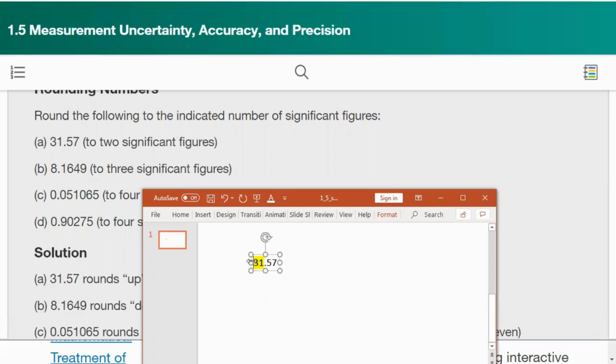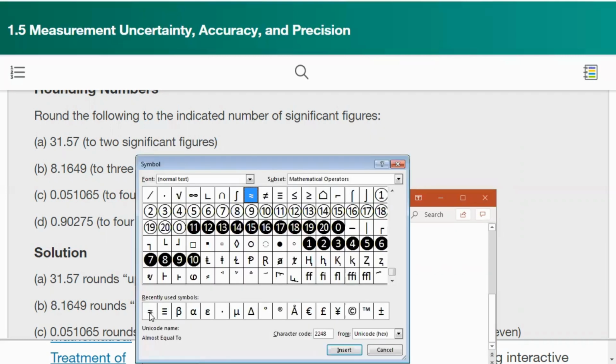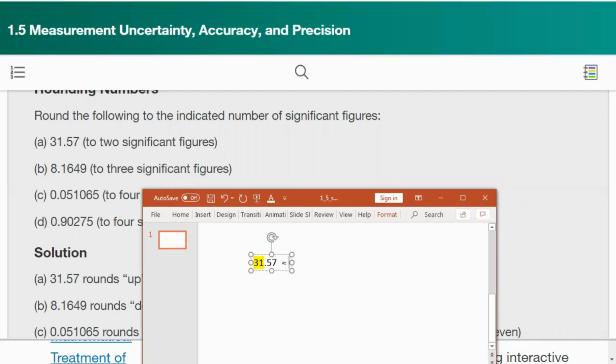So we want to just have these 2 positions retained. And I want this little approximate symbol. So that's approximately 32. So we have the 5 here, and because it's followed by a non-zero digit, we round up. So I rounded up to 32.